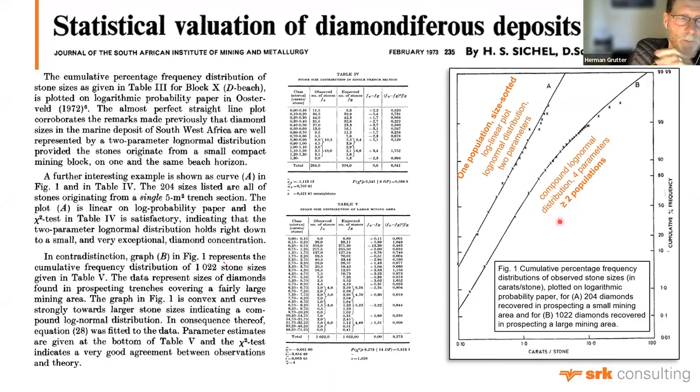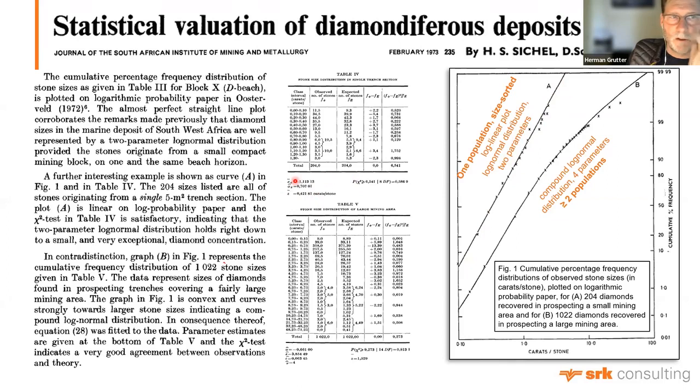You can end up with more than one population if you're sampling in 2 different areas, or if there are more than one populations in your underlying data set. Often it's sufficient to describe a curve like this with a single linear plot on log cumulative frequency space, and with 2 parameters, as is the case over here.